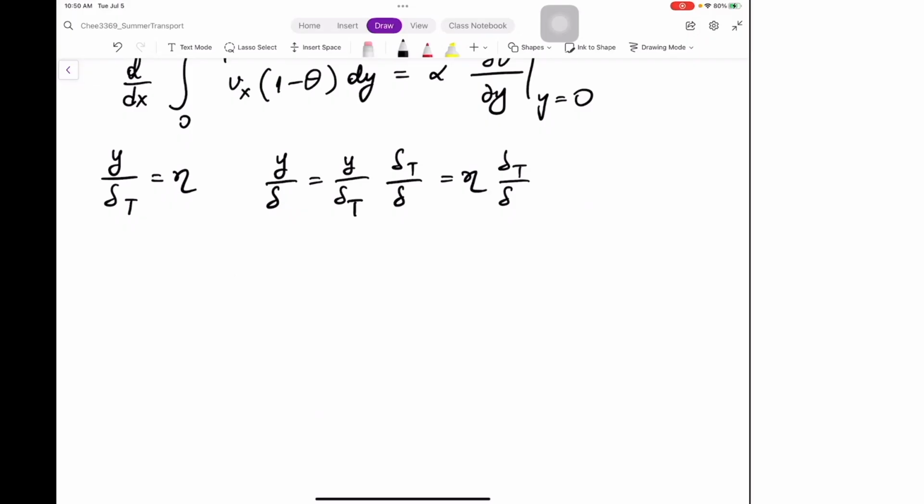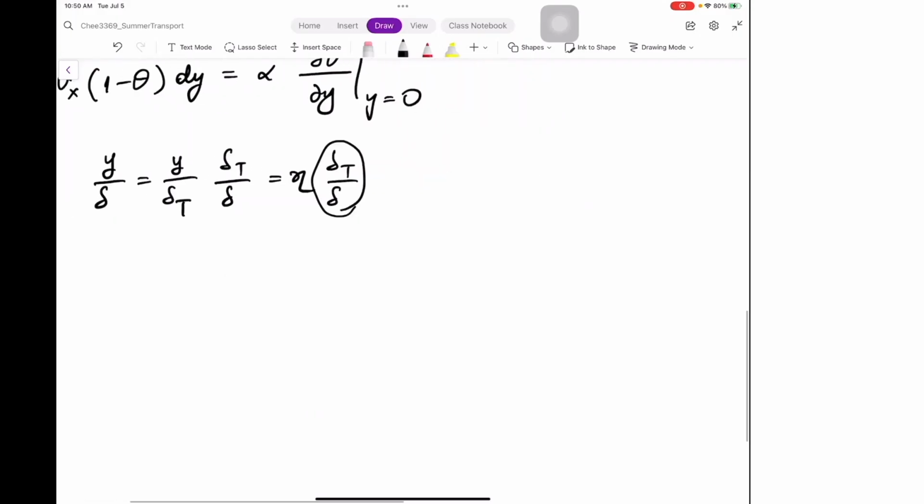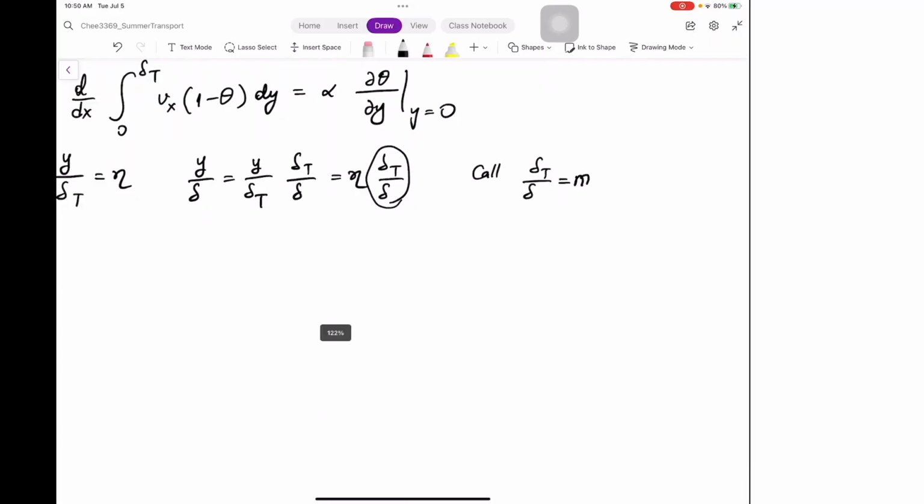Let's call this m, so that I do not confuse it with eta.